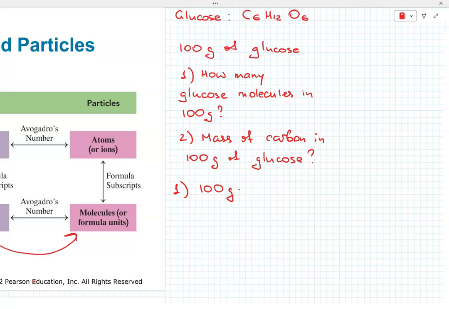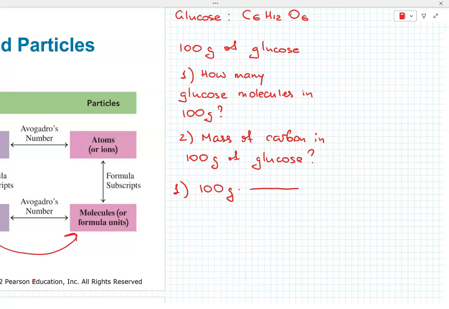Making sense? So glucose, 6 times 16 is 96, plus 12, 108, plus 72, 180. 180 grams per mole is the glucose molar mass. What should I put as the first conversion factor?